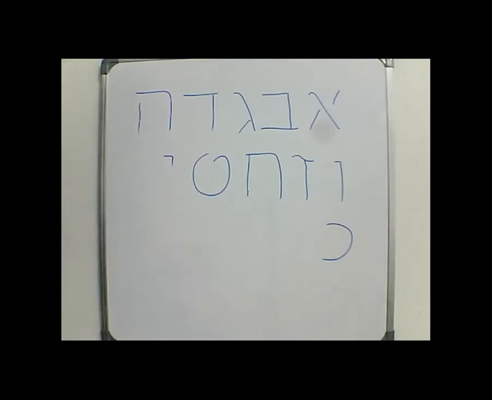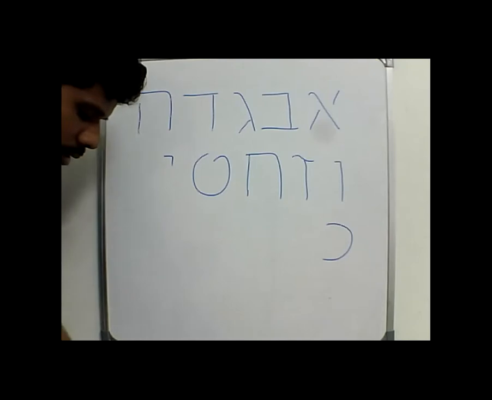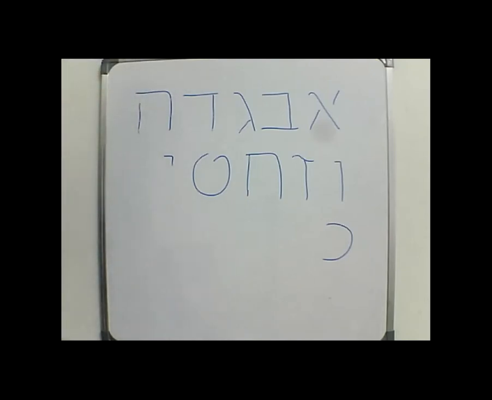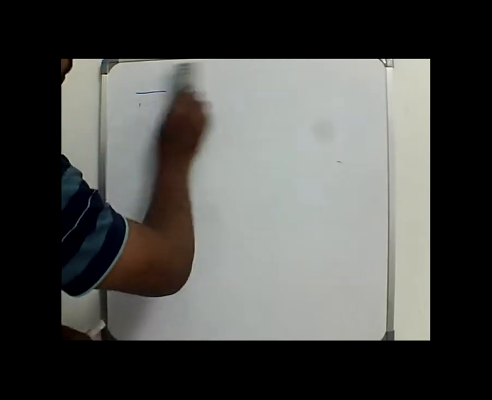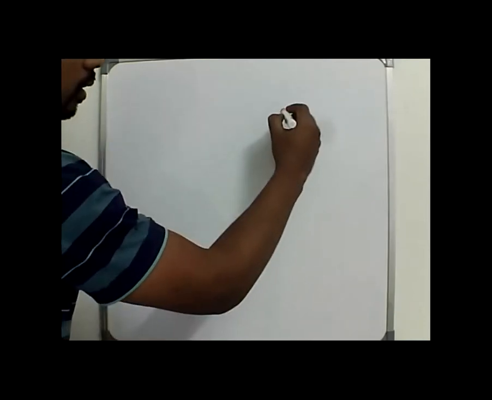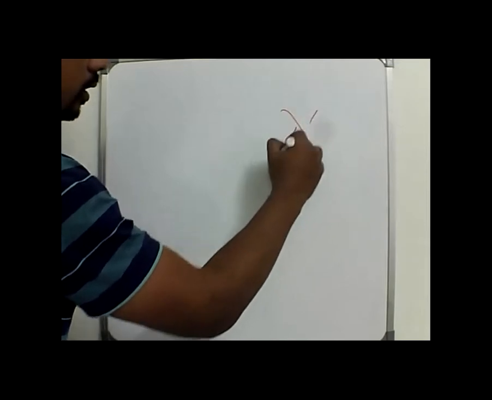And also we studied some of the vowels, some of the vowel points. The first two vowels we learned, let me take Aleph as an example.